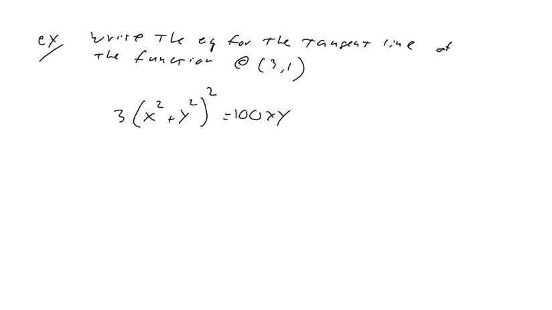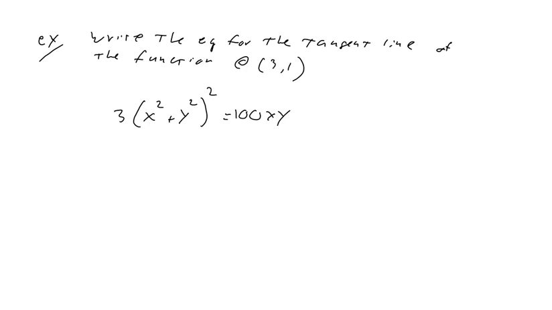Your calculator cannot do this, unless you have Desmos on your phone. The reason your calculator can't do this is because it's not really a function. It's an implicit function. Most calculators can't do implicit functions. But here's the graph.